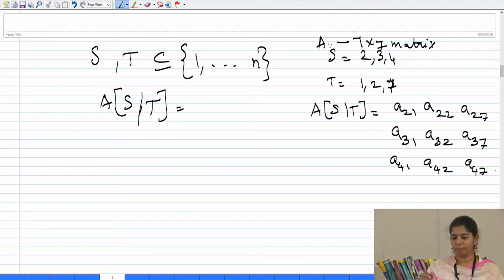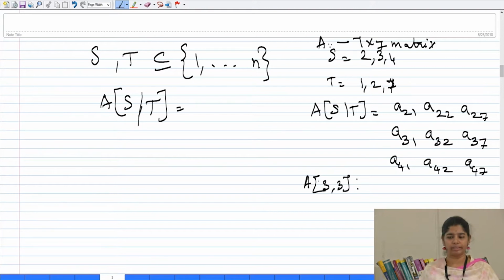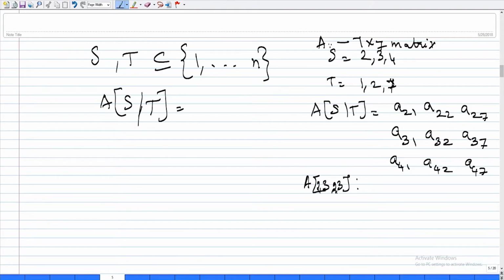Suppose I want a principal submatrix of order 2, say with the entries 2, 3 and 2, 3 in set form. This would be nothing but A22, A23, A32, A33. So, this is going to be the principal submatrix of order 2 by 2.